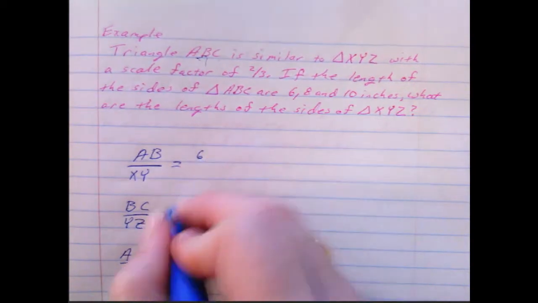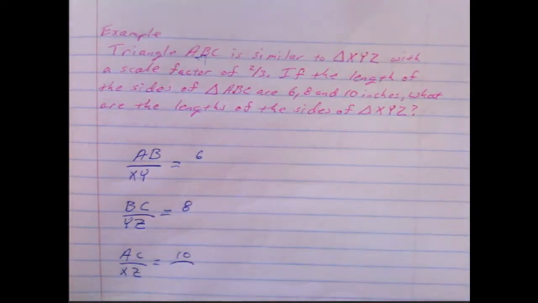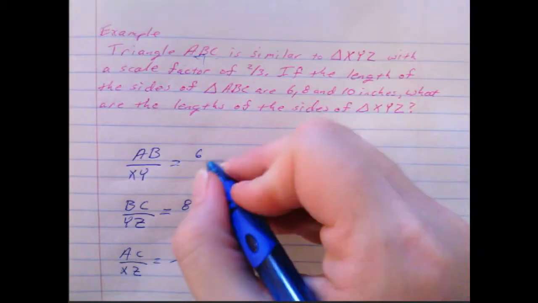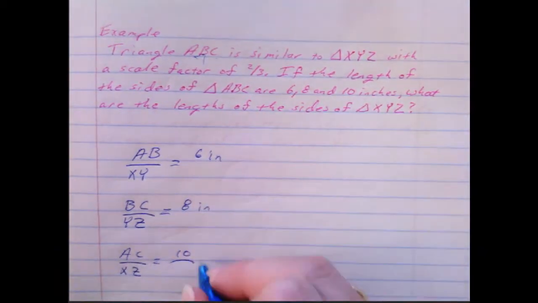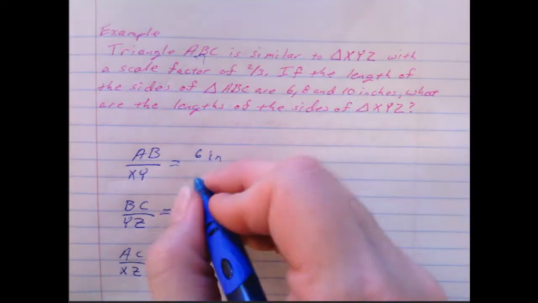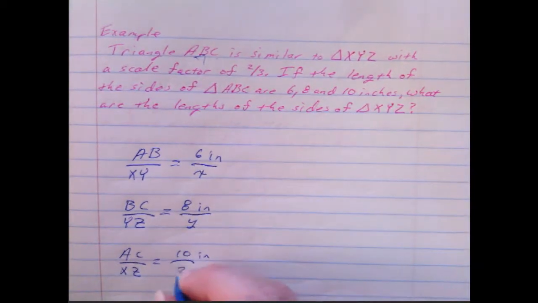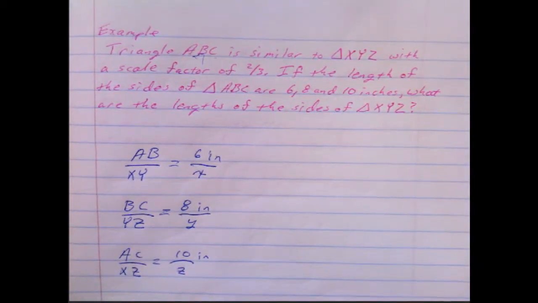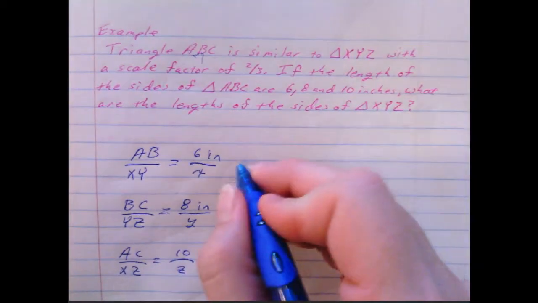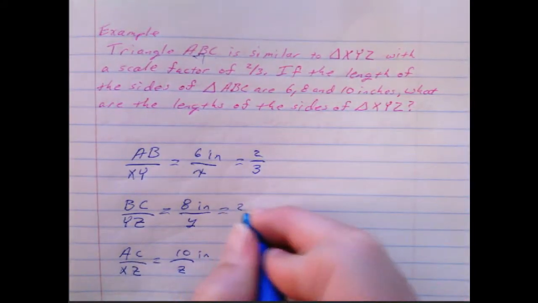So that's 6, 8, and 10. And those are inches. And they also told us the scale factor, so I'm going to put here, this is going to be x, this is going to be y, this is going to be z, because I don't know those yet. But I do know my scale factor is 2/3 for each of these.